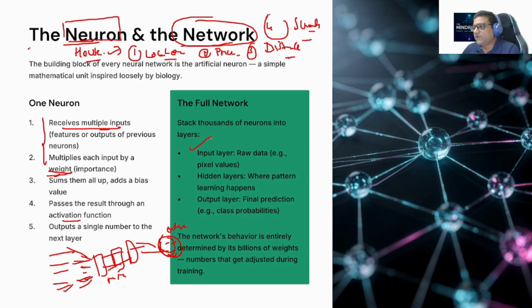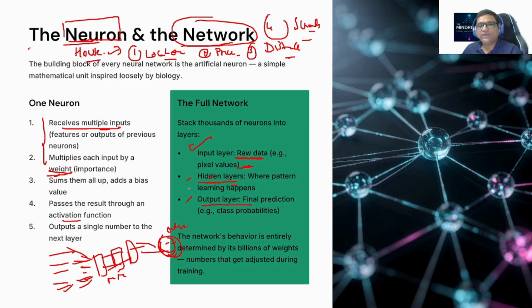So here you have the input layer, where this layer receives the data, right? If it is an image processing example, pixel values. Then the hidden layer, where it actually learns the pattern. Then the output layer makes the prediction. So input layer, hidden layer, and output layer.